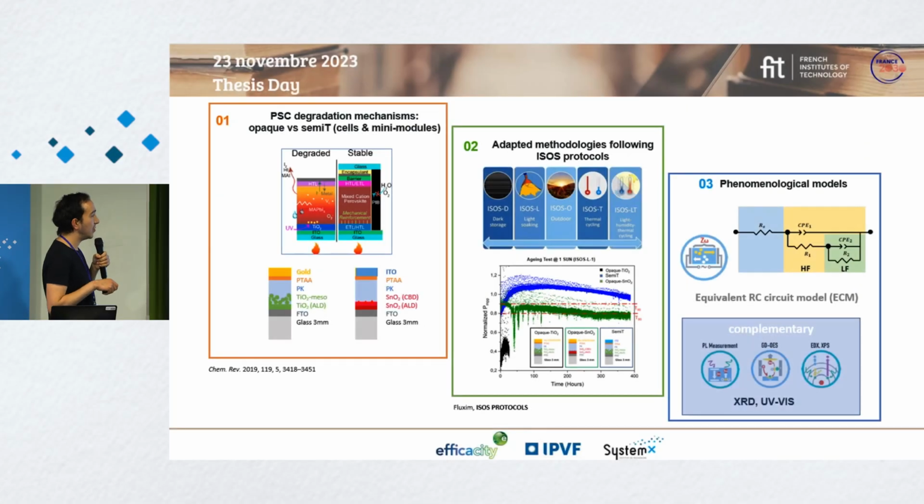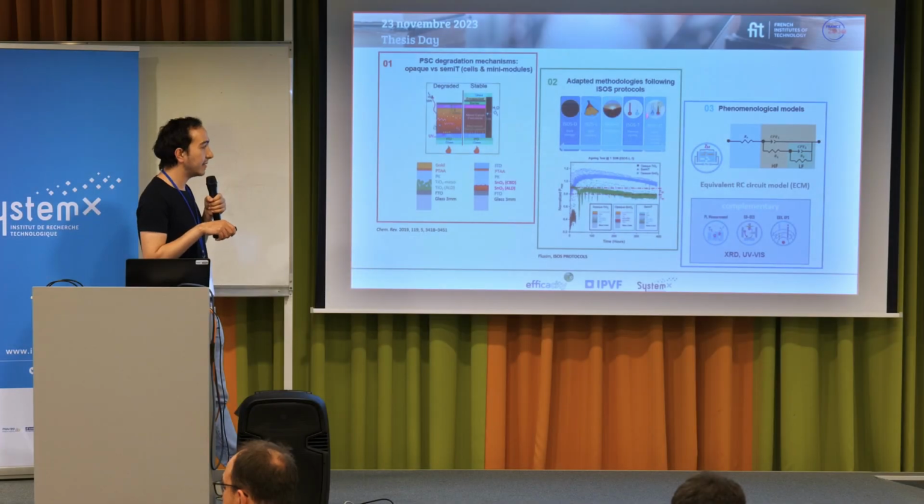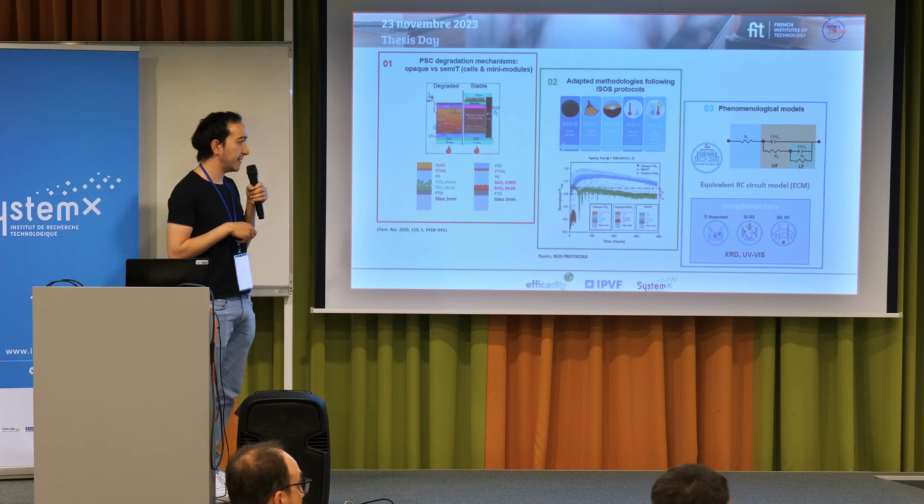And how do we plan to do that? Well, first we have a set of methodologies that are quite agreed between different laboratories. The so-called ISOS protocols apply different conditions like dark, light, oxygen, outdoor, thermal, and cycling tests, and accelerate the degradation to see what the different responses of the devices are.